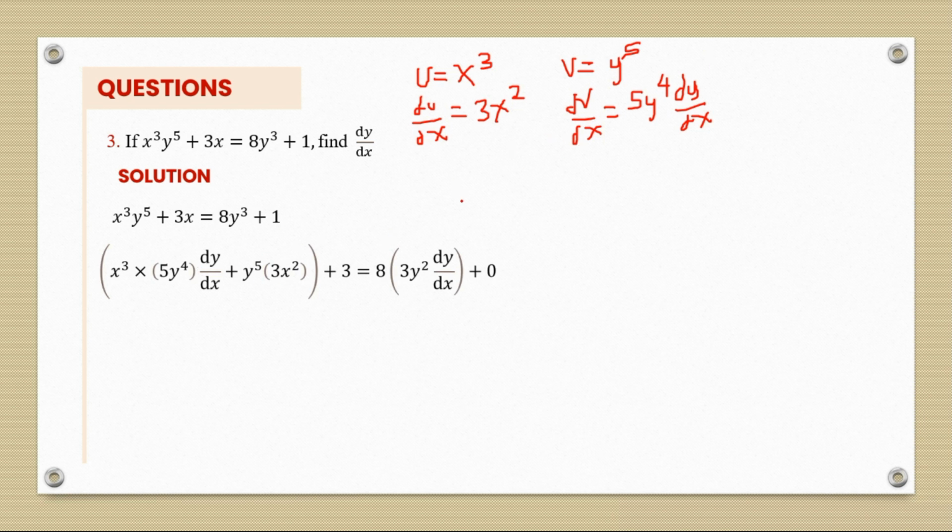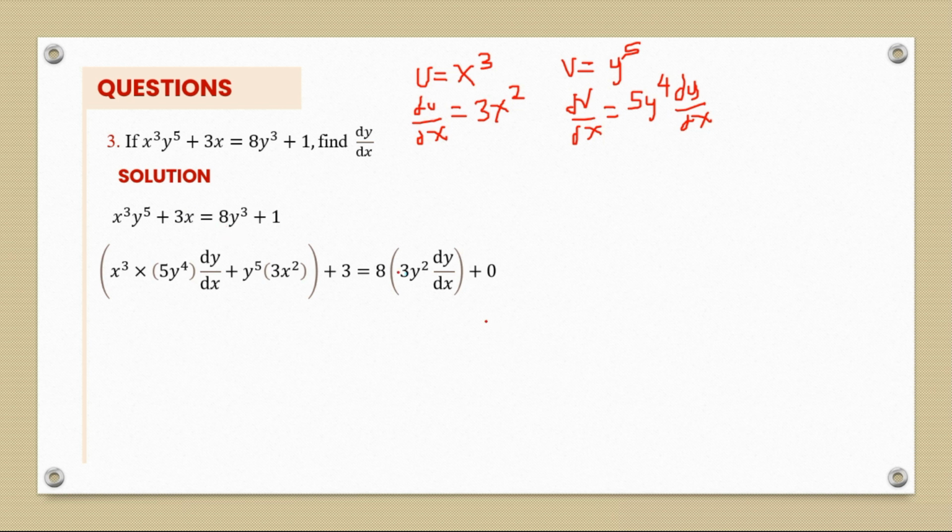Now we're going to employ the product rule. In the product rule, u is x cubed times dv/dx, plus the v value, y power 5, times the du/dx value, 3x squared, as simple as that. As you can see, when you differentiate 3x, it's equal to 3.